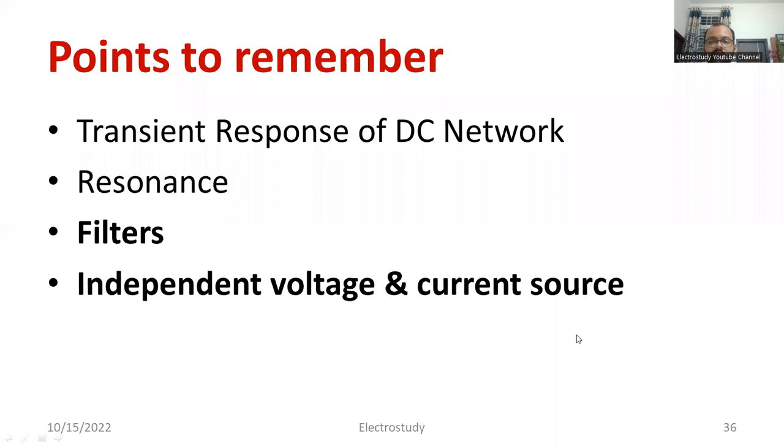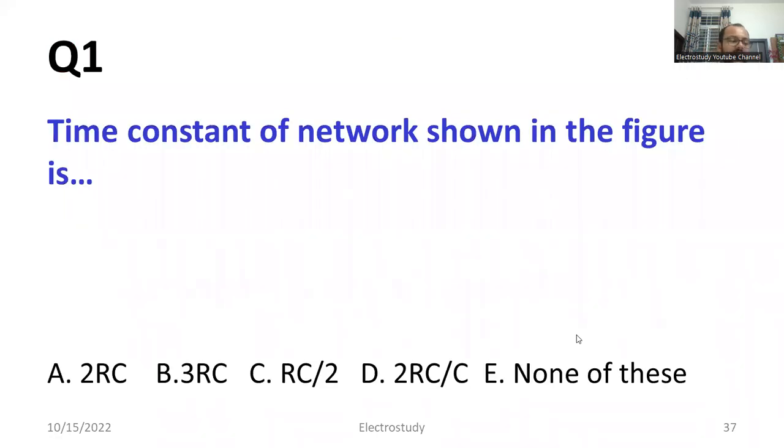So first question. Here I will be drawing one diagram related to the first question. Let me draw the diagram. The time constant of the network you are supposed to calculate. In the given network, we have a DC source having voltage of 20 volt.